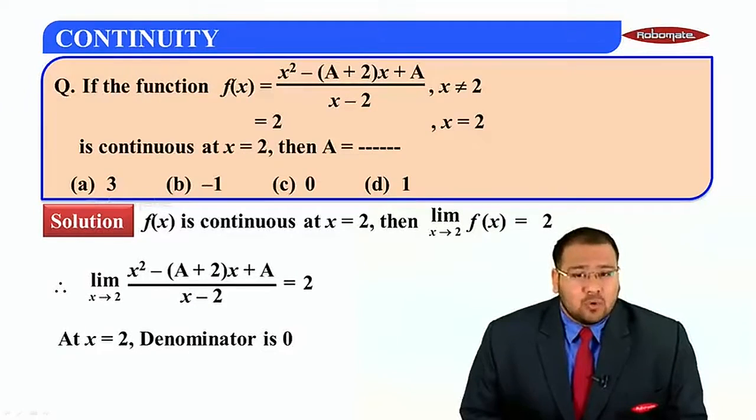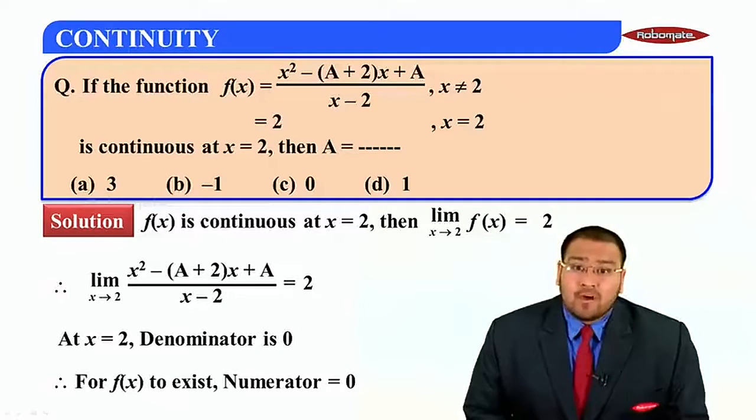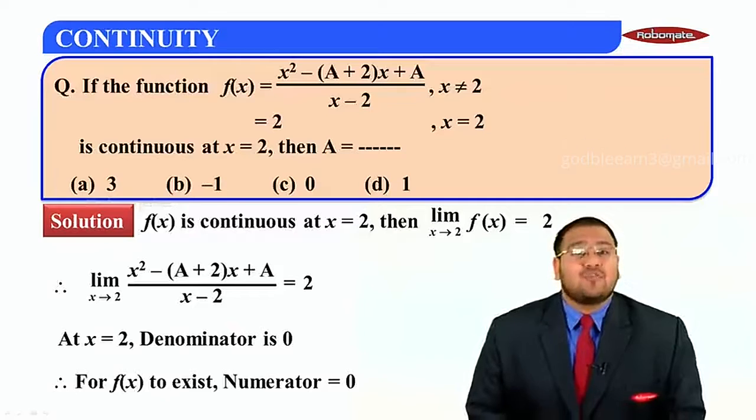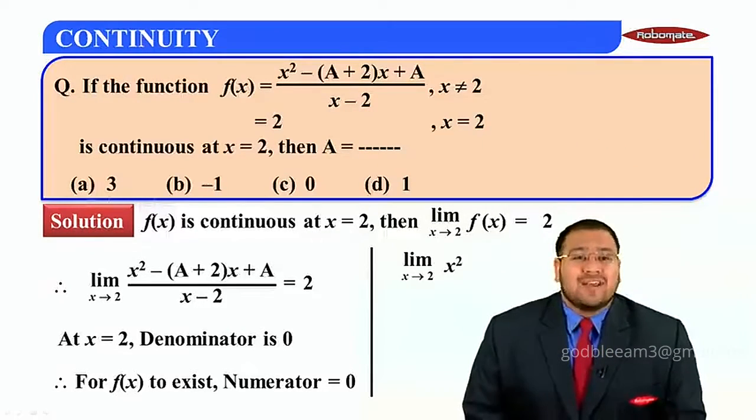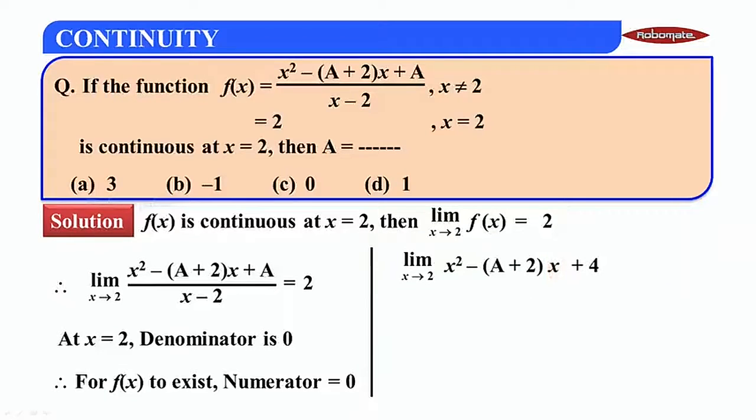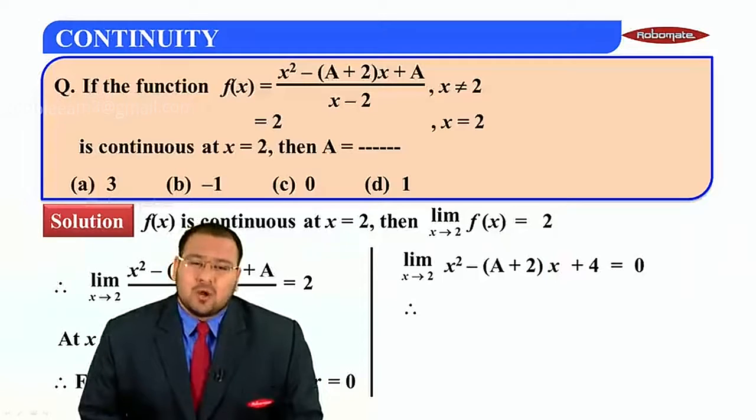At x equal to 2, the denominator is 0. Therefore, for f of x to exist, the numerator has to be 0, and hence the limit when x is tending towards 2 of x square minus a plus 2 into x plus 4 should be equal to 0.